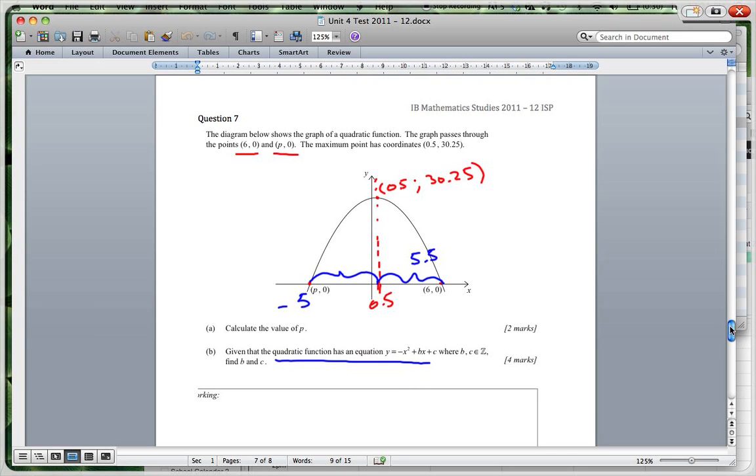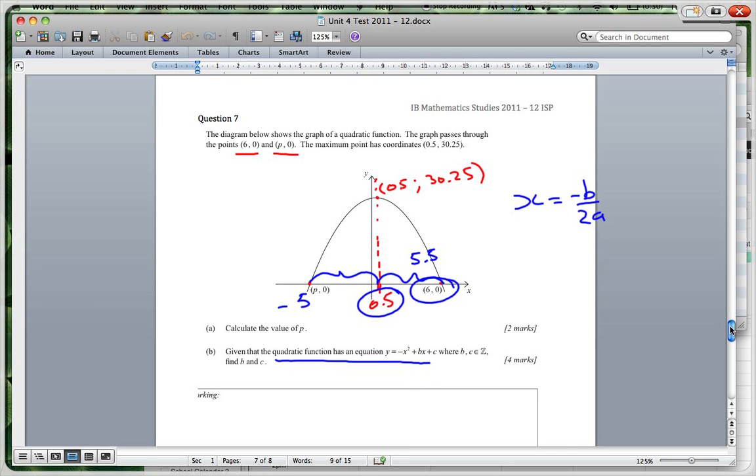I would take perhaps this point over here, and I would probably also use my axis of symmetry. We just need two equations. So I would use axis of symmetry, which is pretty easy to find b, because x is equal to minus b over 2a.